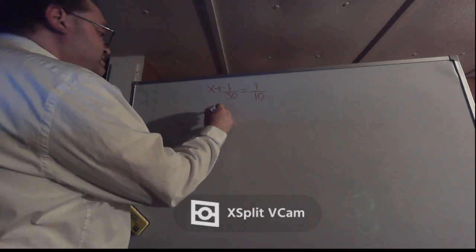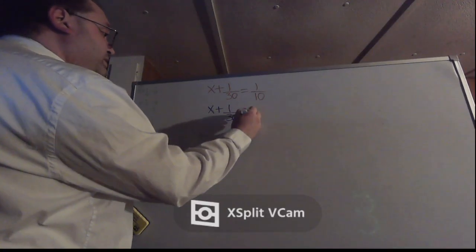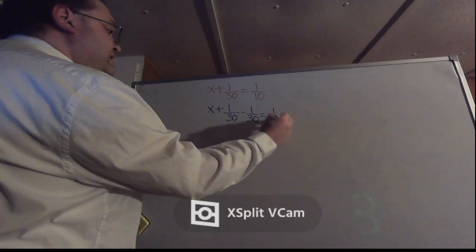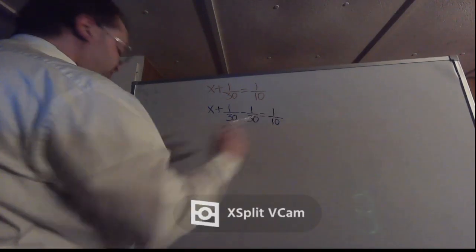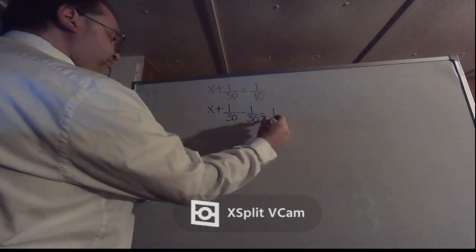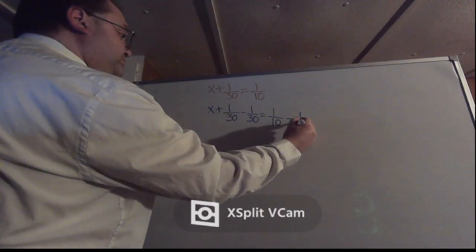So it's going to be x plus 1/30 minus 1/30 is equal to 1/10, and then we got to subtract 1/30 from 1/10, because what you do to one side, you also must do to the other.